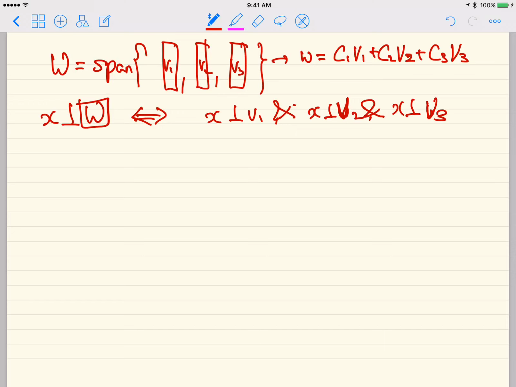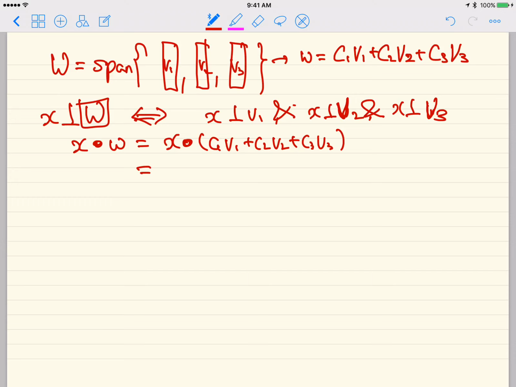Then let's think about the inner product between x and w, which is x inner product c1 v1 plus c2 v2 plus c3 v3. So far so good. Here we apply the distributive law.